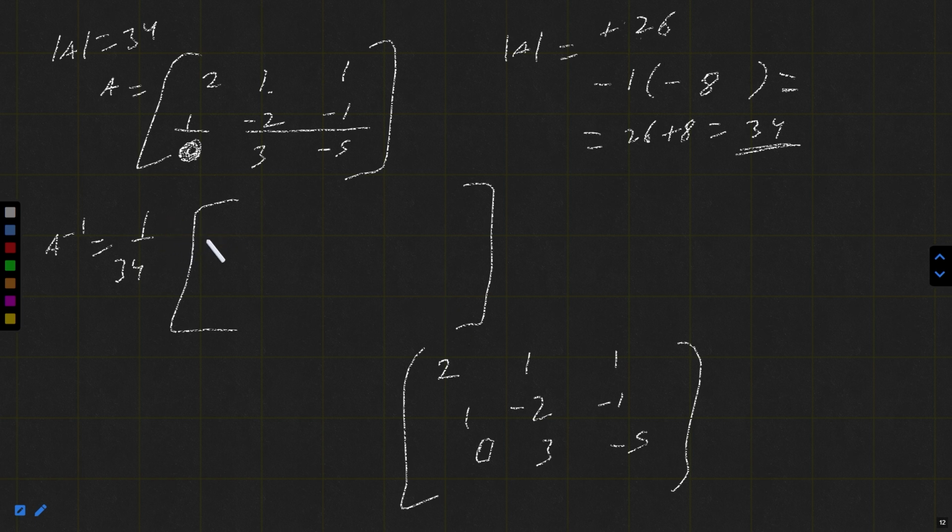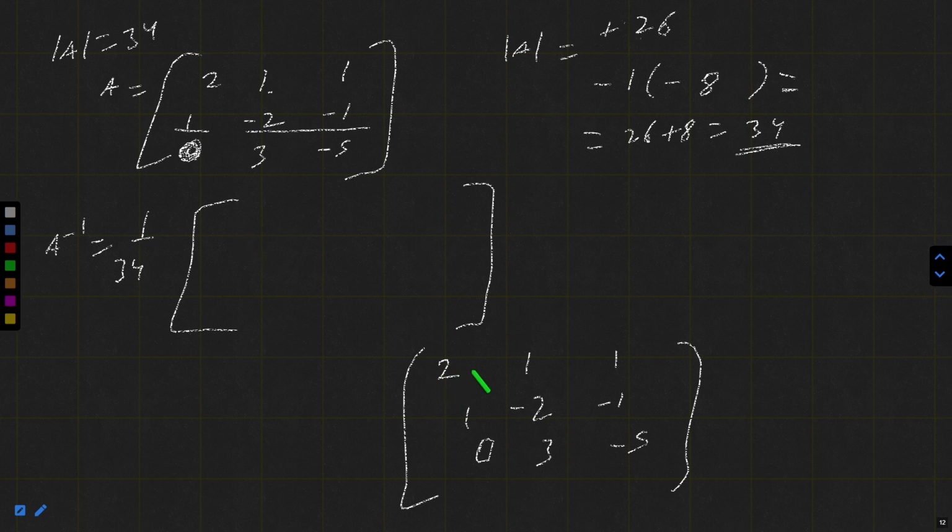I'll be starting from cofactors, writing minors. I am just directly evaluating my adjoint of A without writing cofactors and their signs. I'll change the signs later on. First of all, let me evaluate the minors.